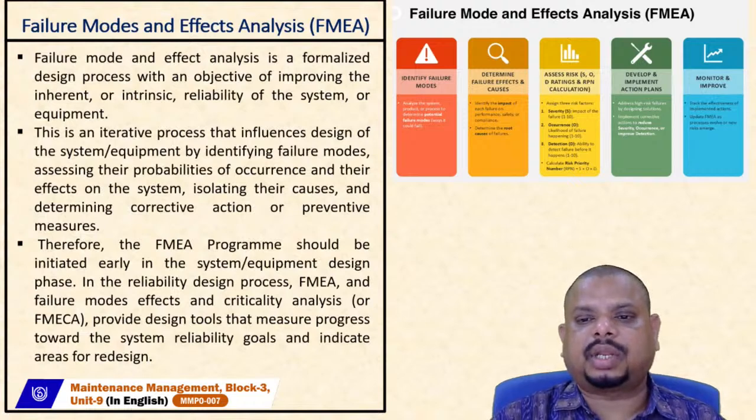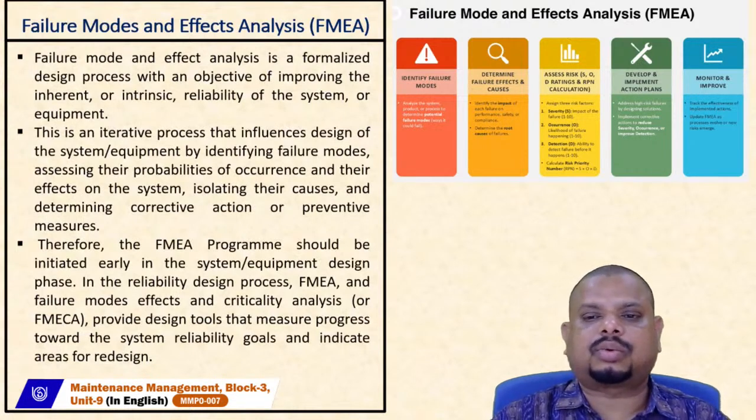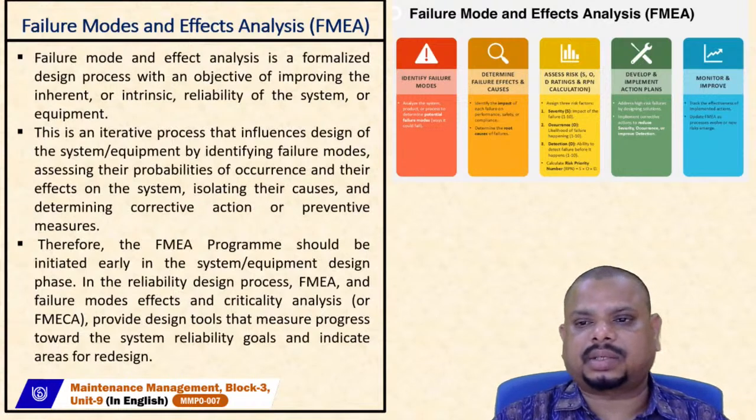Occurrence, the likelihood of failure happening, is also rated from 1 to 10. Detection, the ability to detect the failure before it happens, is also rated 1 to 10. So how do we calculate risk? The Risk Priority Number, or RPN, equals S times O times D. That means you multiply severity, occurrence, and detection.